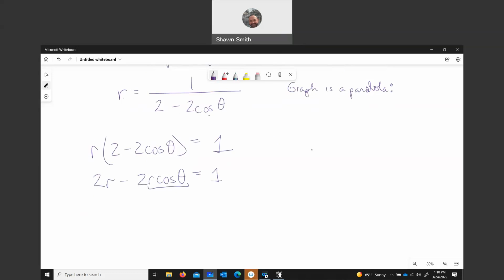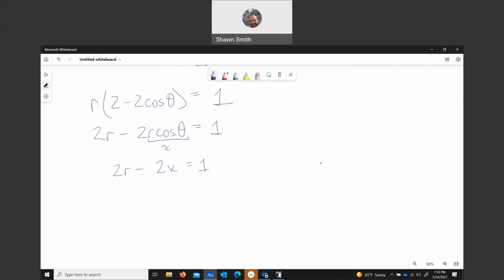R cosine theta is equal to x. So now we have 2r minus 2x is equal to 1. Let's put the minus 2x on the other side, so I'm just dealing with x's on one side, and then I'll be able to convert my r into something else. 2r is equal to 1 plus 2x.